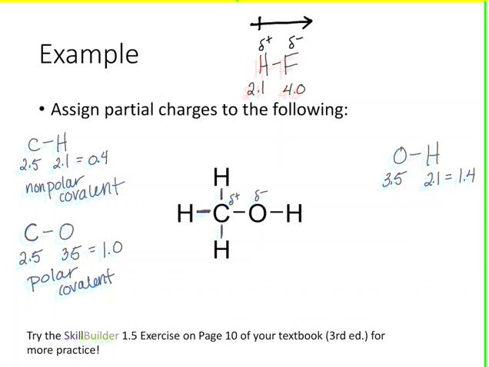Okay, so that would be polar covalent. Now we already put a partial negative charge on oxygen, and that is more electronegative than hydrogen. So then hydrogen would have a partial positive charge. So that oxygen is really drawing electrons towards itself, not only from carbon, but also from hydrogen.